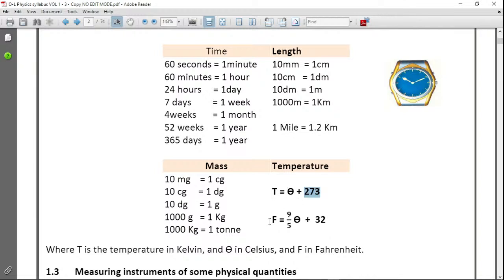Equally, to convert from degrees Celsius to Fahrenheit, the formula is temperature in Fahrenheit equals 9 on 5 times the temperature in degrees Celsius plus 32.